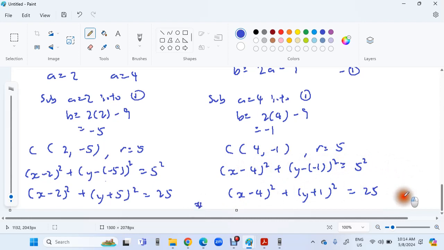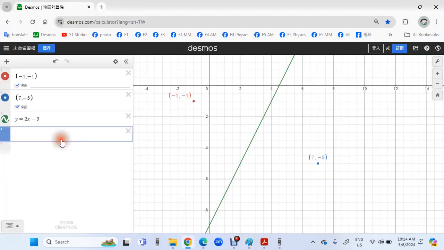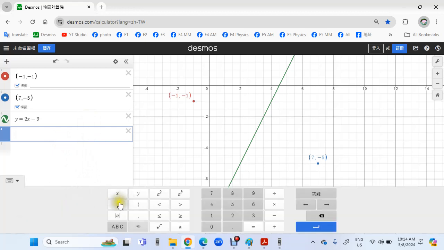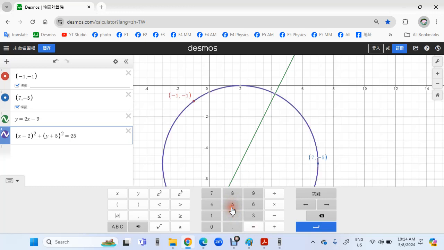So we have these two equations. So we have this one, (x - 2) squared plus (y + 5) squared equal to 25.